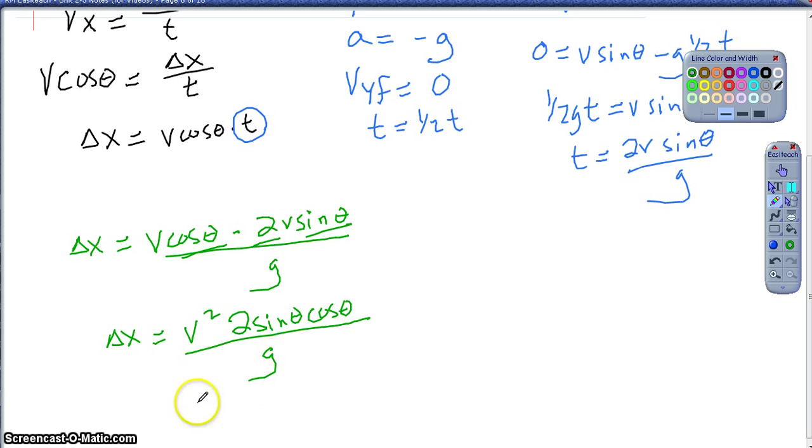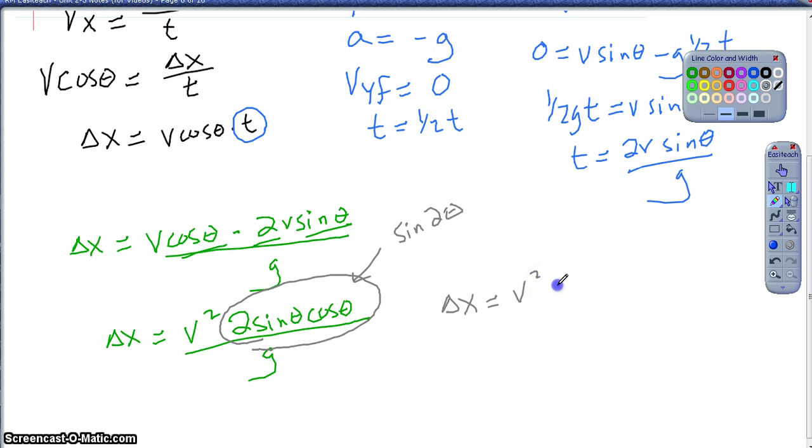Well, the reason that I chose to specifically arrange it that way is because if you remember going back to your trig identities, this is a special trig identity. 2 sine theta cosine theta is actually sine of 2 theta. So what that tells me then is delta x really equals v squared times sine of 2 theta all over g.